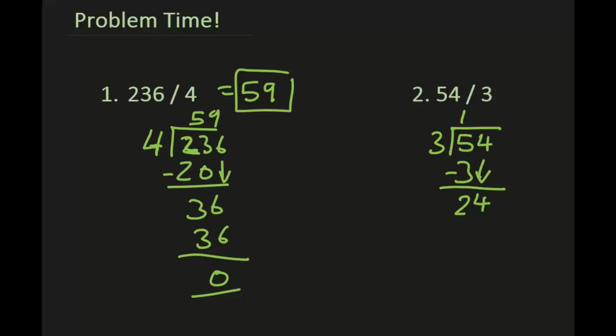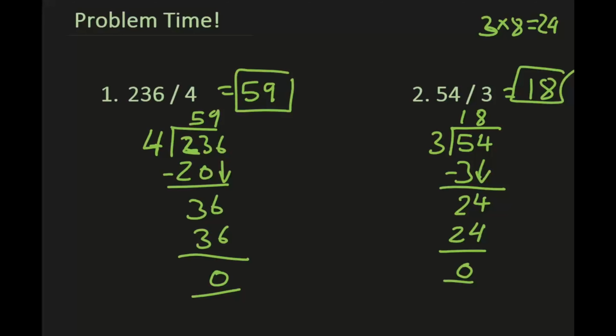Well, we know that 3 times 8 equals 24. So then we're just going to write 8 there and then put 24. And then we get a remainder of 0. So again, we don't have a remainder. So our answer is 18.